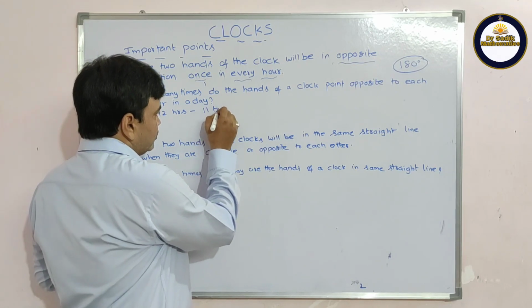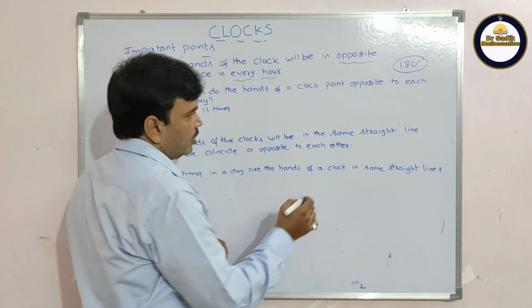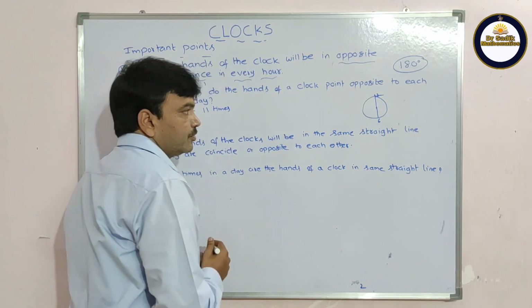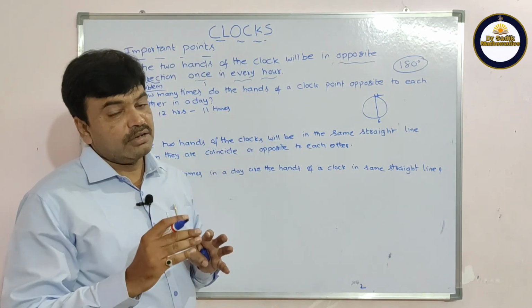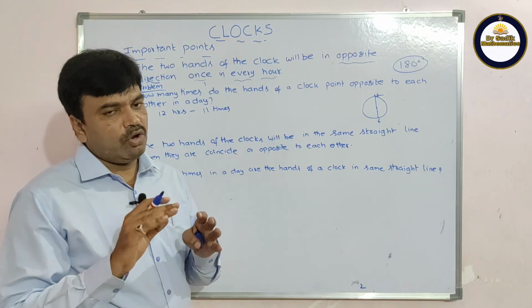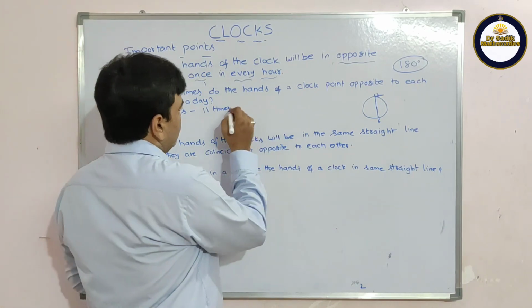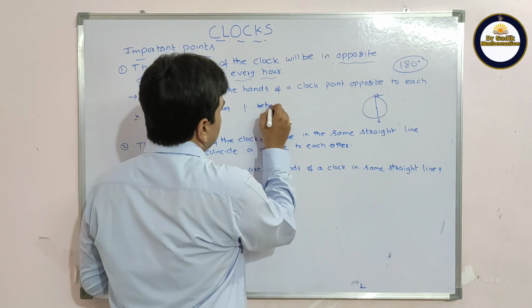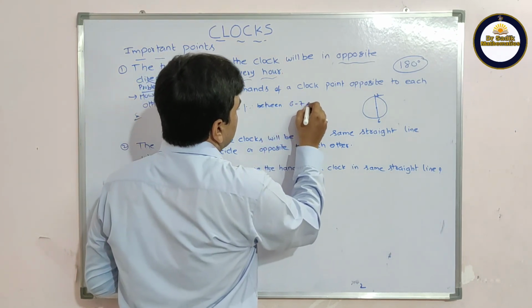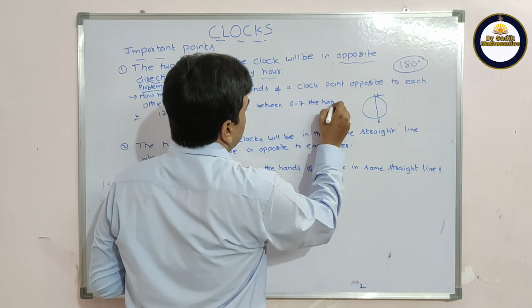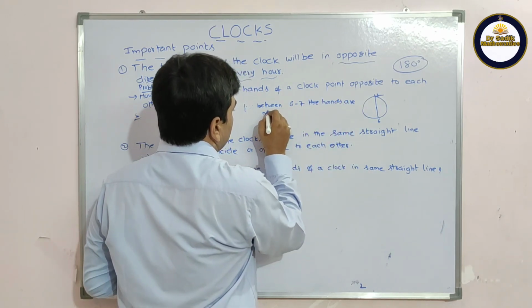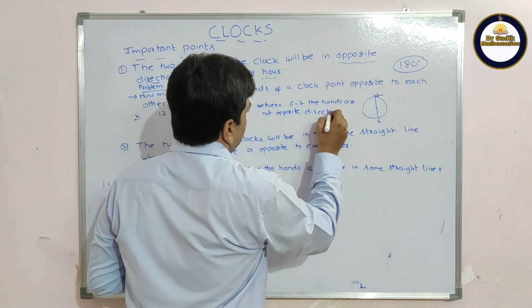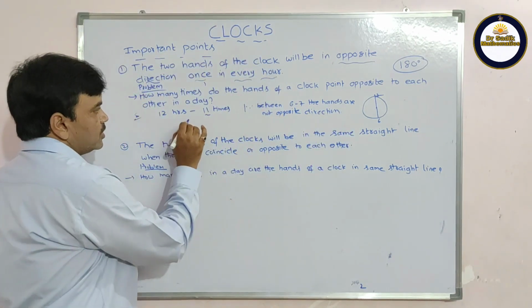It is 11 times, because between 6 to 7 the hands are not in opposite direction. So 12 hours, 11 times, friends.